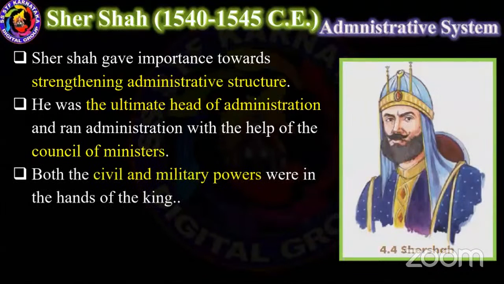Both civil and military powers were in the hands of the king. These civil and military departments he didn't allow to anyone else. He held these two in his hand.